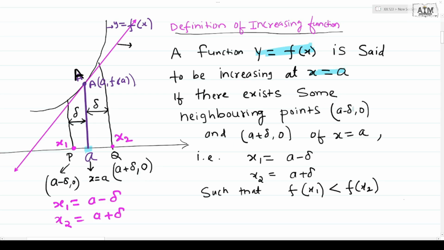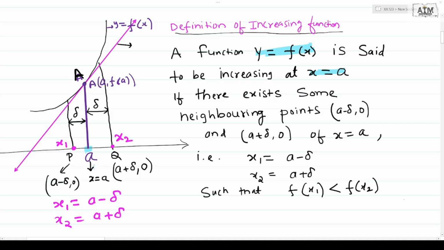And there are some neighborhood points such as a minus delta comma 0 and a plus delta comma 0. The coordinates of point P are a minus delta comma 0 and the coordinates of point Q are a plus delta comma 0. What is delta? Delta is any number which is greater than 0.